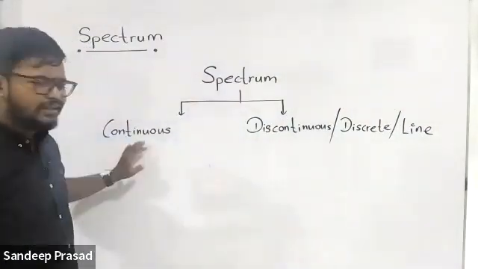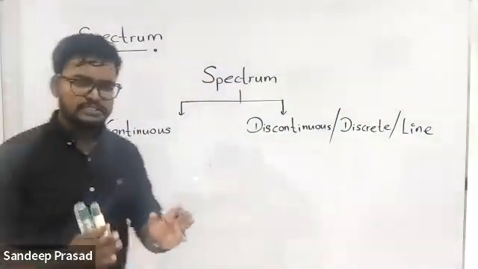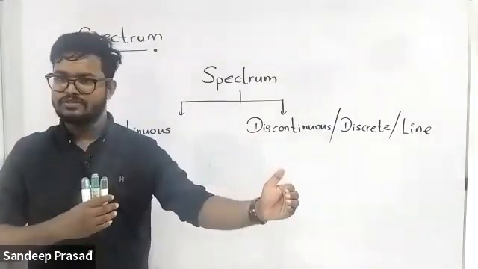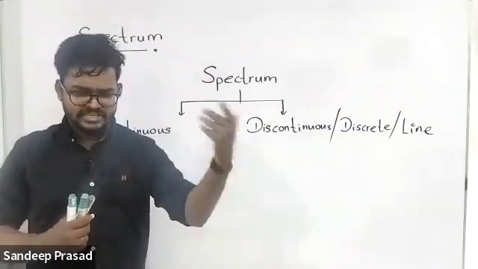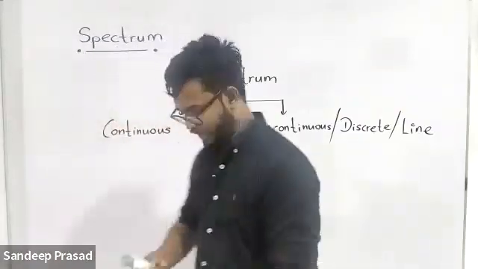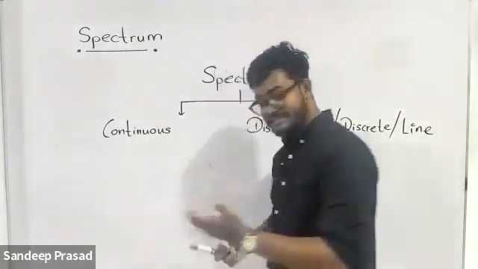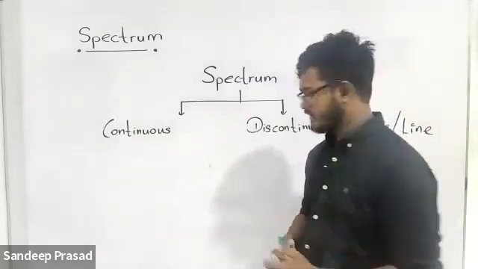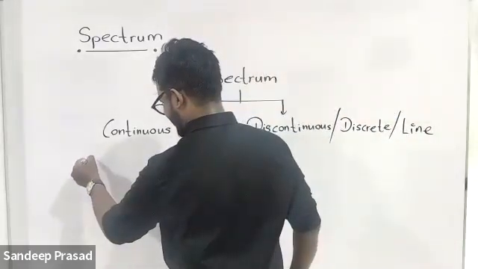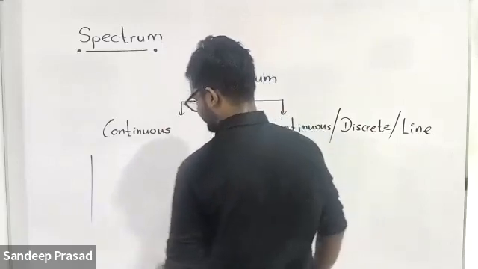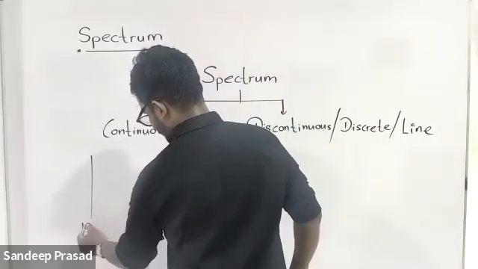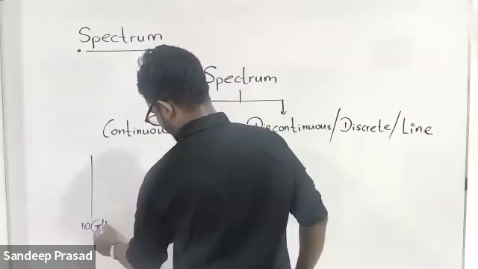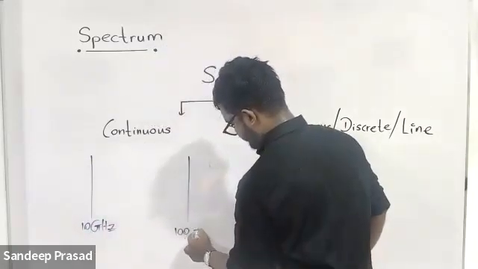Continuous spectrum means if I consider a particular wavelength range or frequency range, in that range all the energy radiations are included. The main example we took is the electromagnetic radiations that we discussed in last week's class. For example, I'm going to take 10 gigahertz and 100 gigahertz.